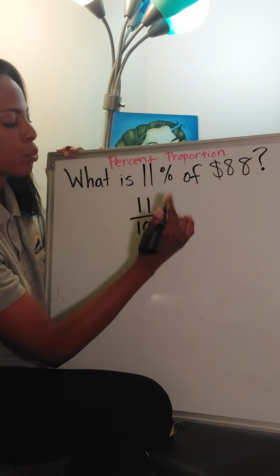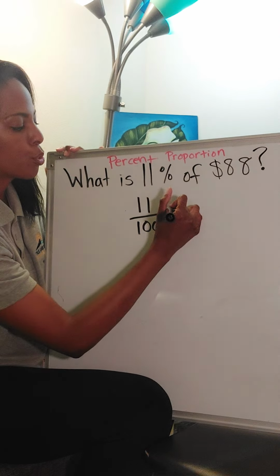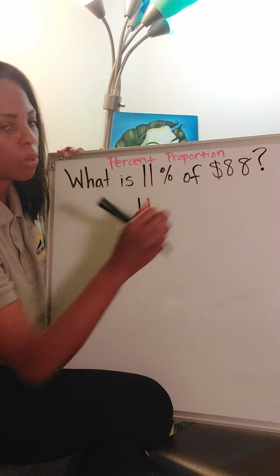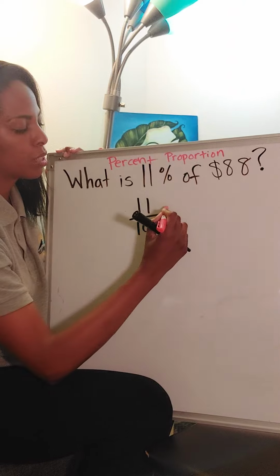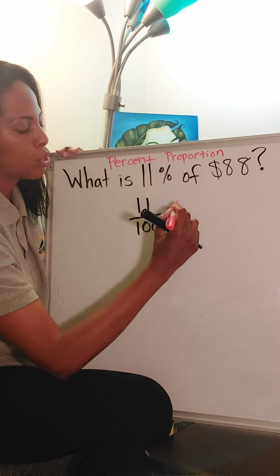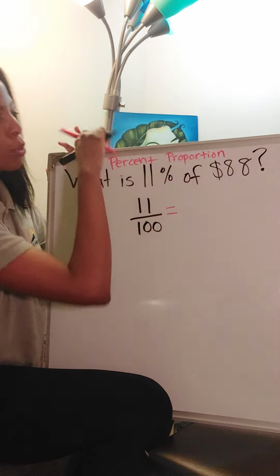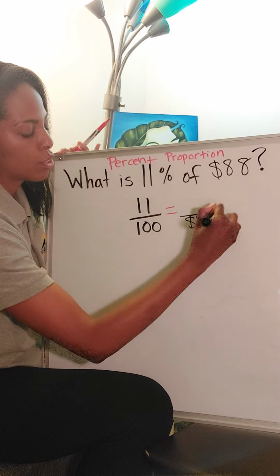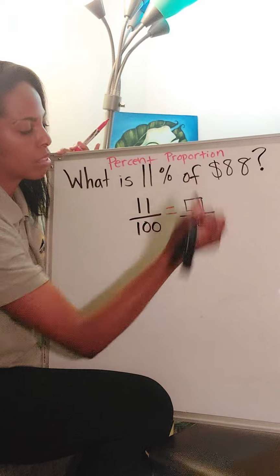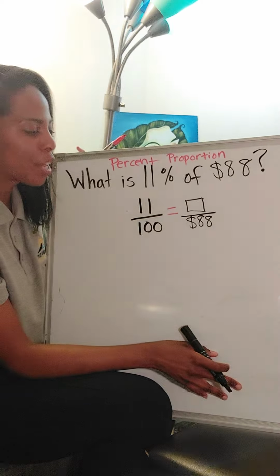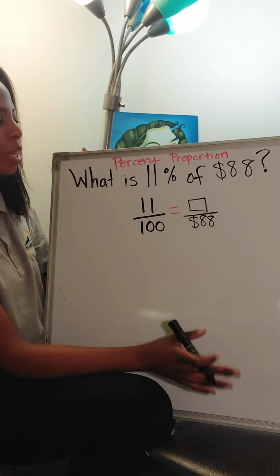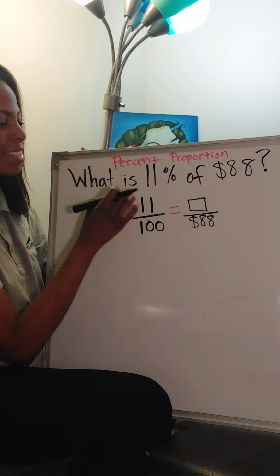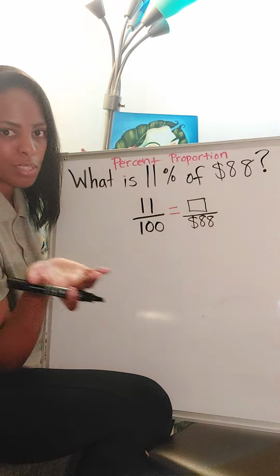With the proportion, we want to show how 11 out of 100 is equal to a certain amount out of a total of $88. What does that mean? What I mean is that I want to find what is, here's that box that represents the what.